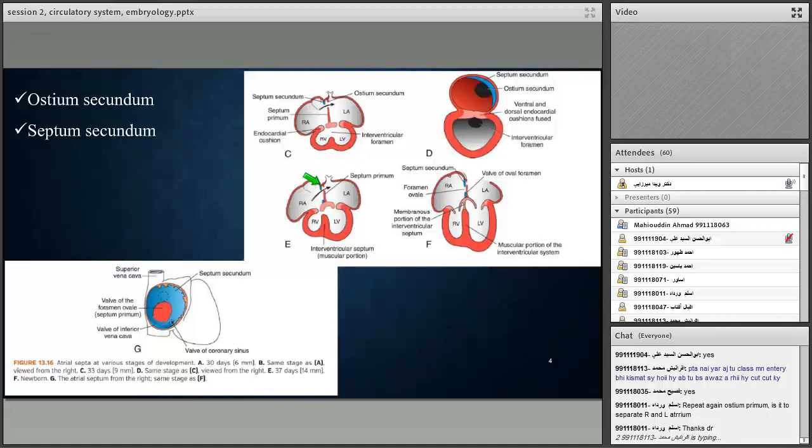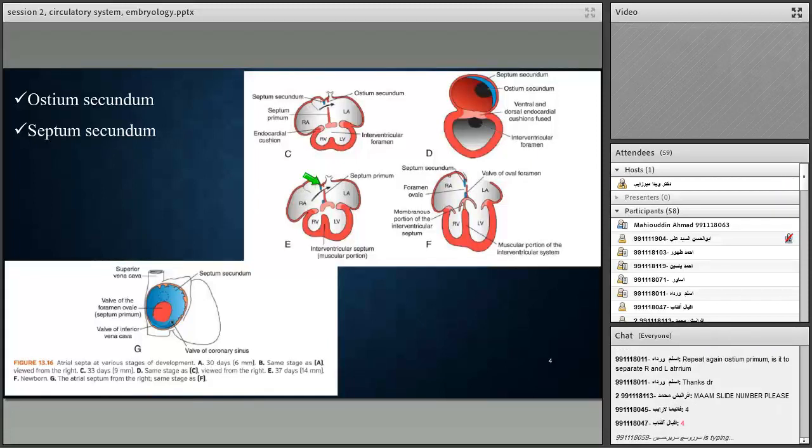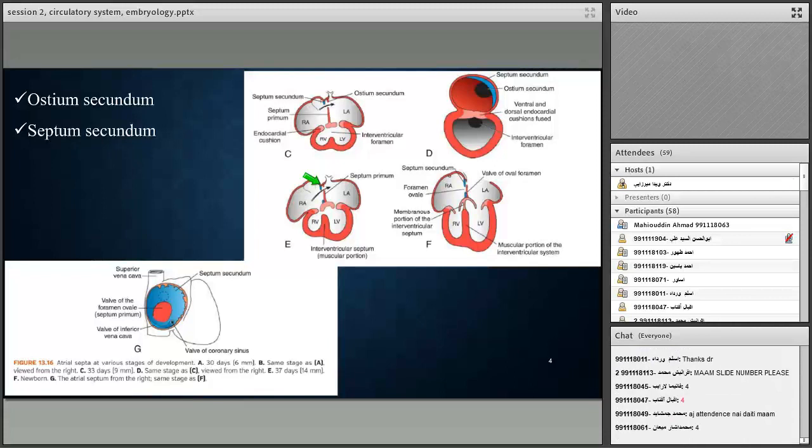Another crescent shape or sickle shape septum is forming at the right side of the septum primum. This septum is called septum secundum.